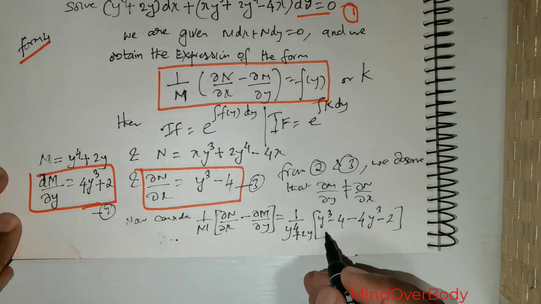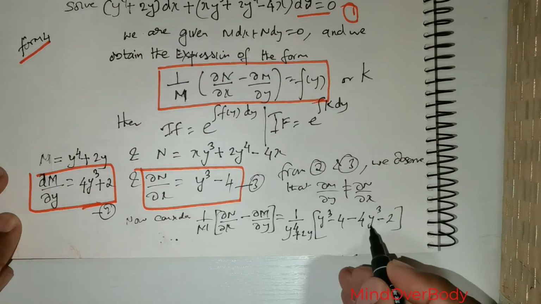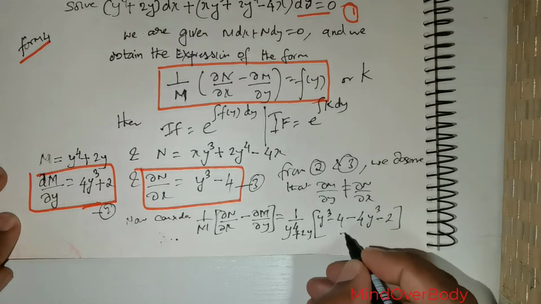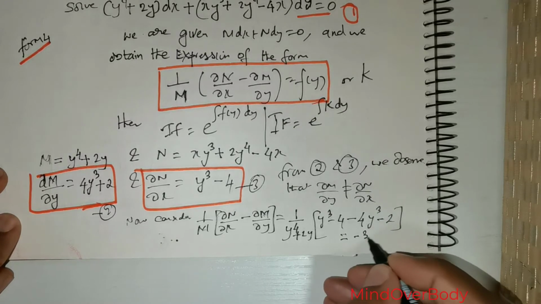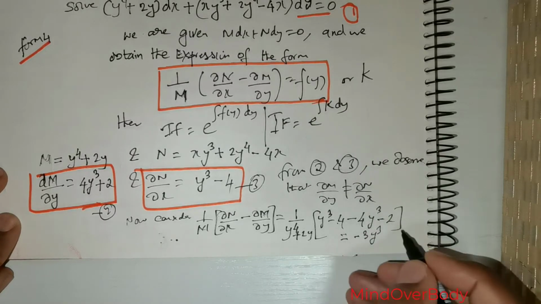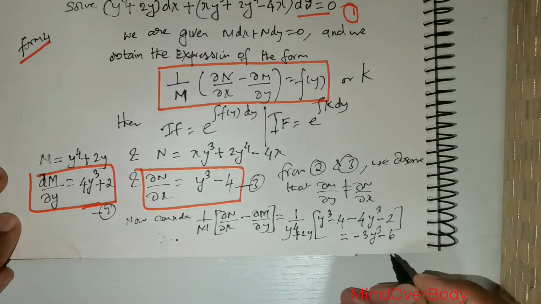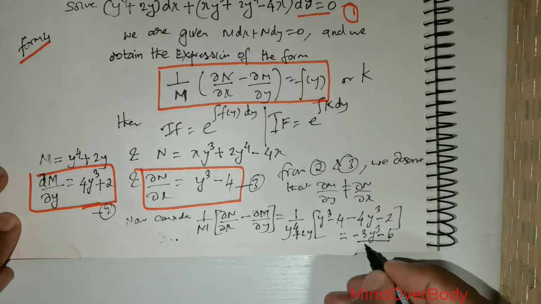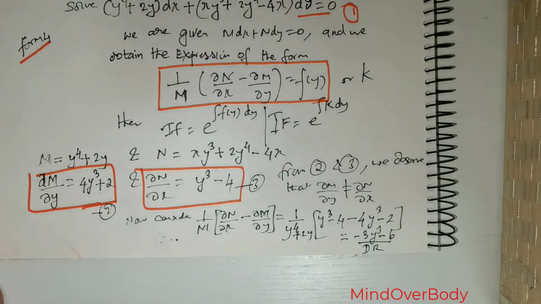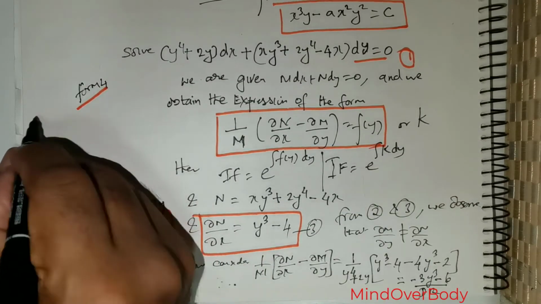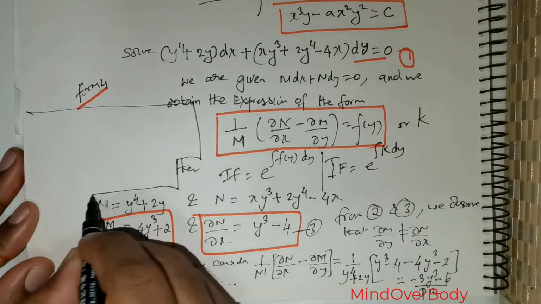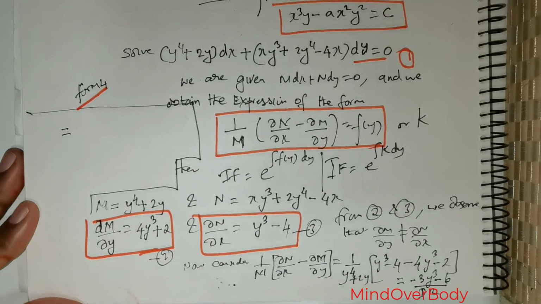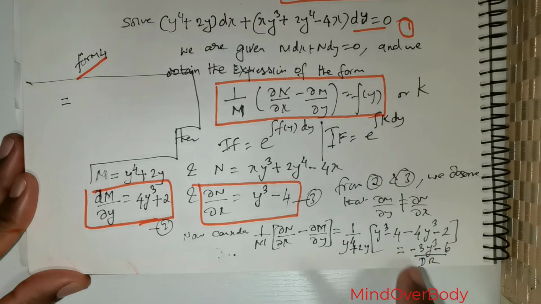From here, y cubed negative 4y cubed is going to be negative 3y cubed. Negative 4 negative 2 is going to give me negative 6, divided by the denominator. Now I'm going to simplify this.